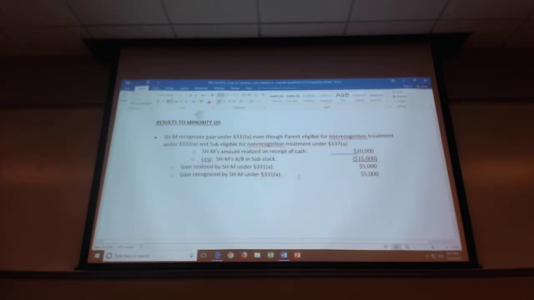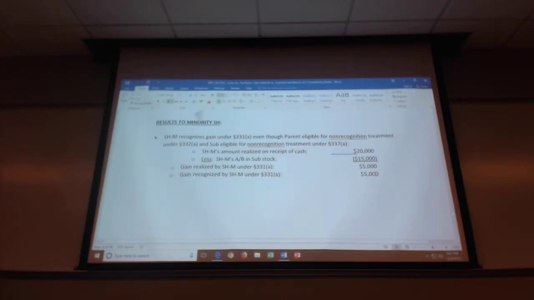Okay, so let's talk about the minority shareholder here. Even though this is a tax-free 332 liquidation for the subsidiary and for the parent, the shareholder has to be treated under section 331 and therefore has a recognition event. Receives $20,000 of cash, minus basis of $15,000 in her stock, $5,000 of gain under section 331.